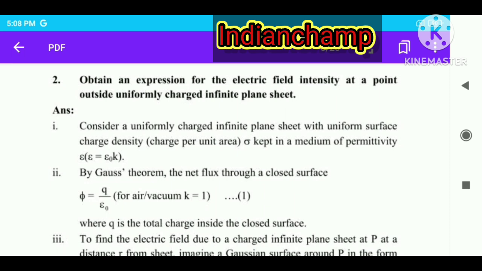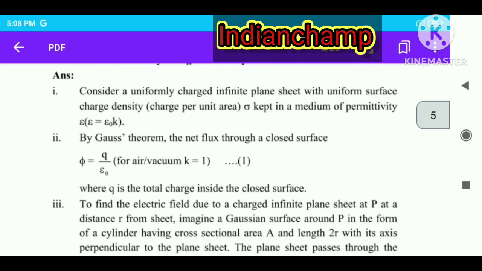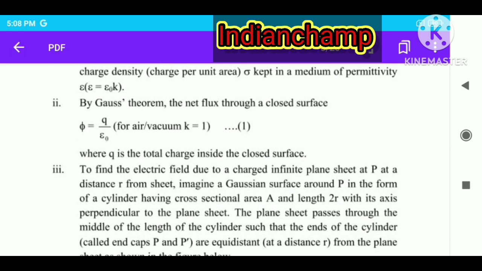Consider a uniformly charged infinite plate sheet with uniform surface charge density sigma, charge per unit area, kept in a medium of permittivity epsilon, where epsilon is equal to epsilon 0 into K. Second, by Gauss theorem, the net flux through a closed surface phi is equal to Q divided by epsilon 0 for air or vacuum, K is equal to 1. Equation first, where Q is the total charge inside a closed surface.